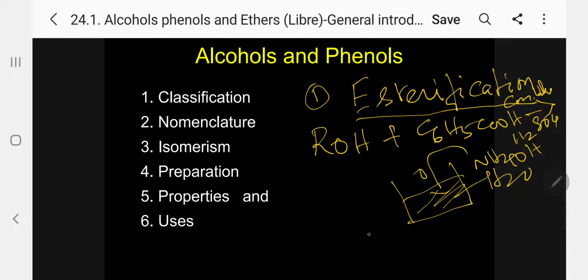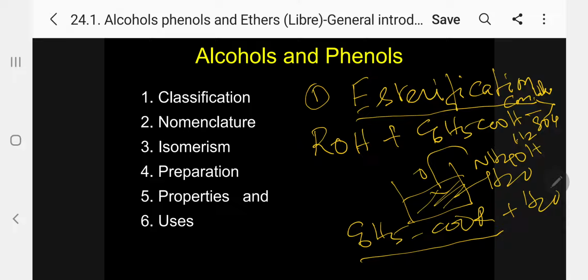The formation of ester. What is happening here? In this case, C6H5COOR plus water is formed. So this is the aromatic ester. Generally, aromatic esters have a characteristic odor, like a fruity odor.